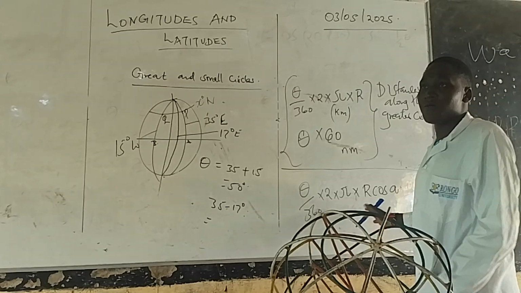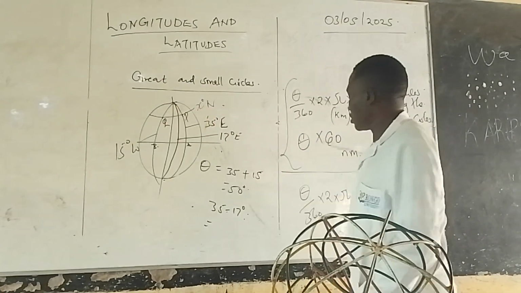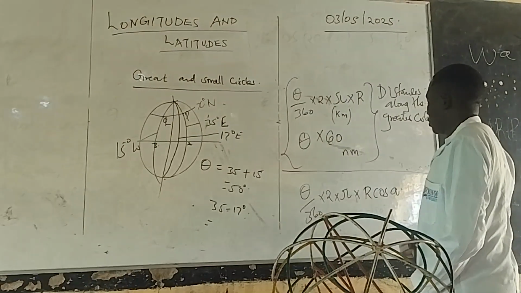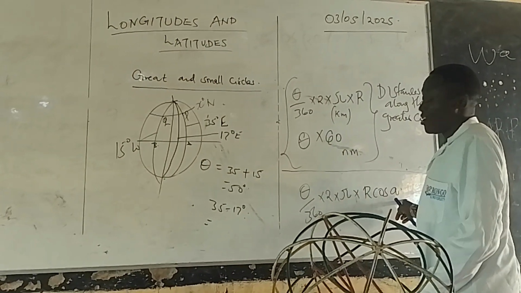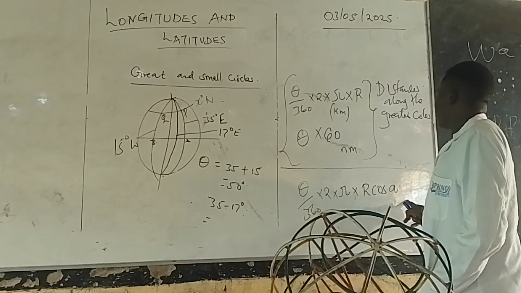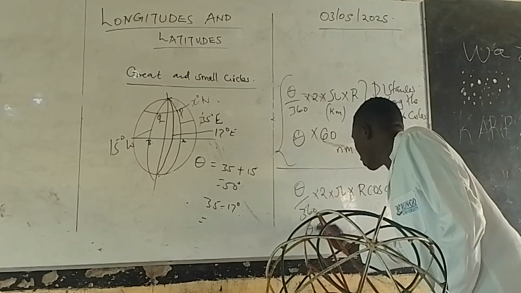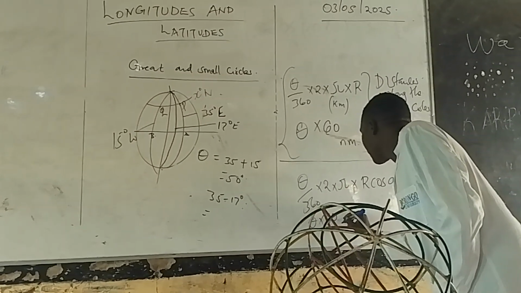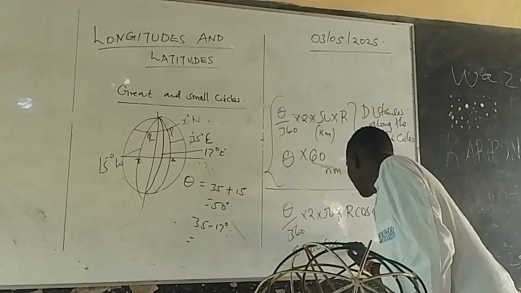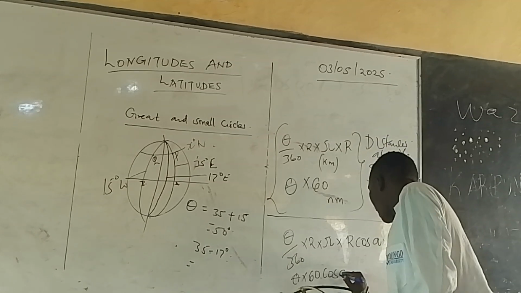And remember our alpha here is the latitude angle. Then, to calculate that into nautical miles, it is theta times 60 cos alpha.